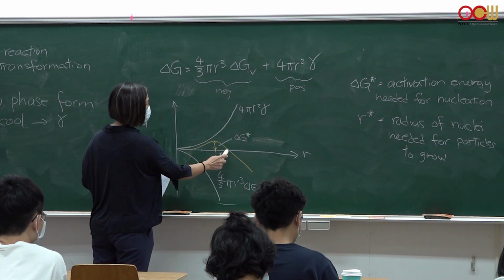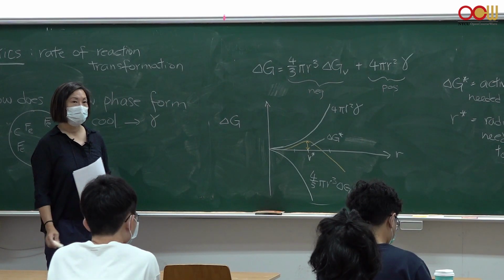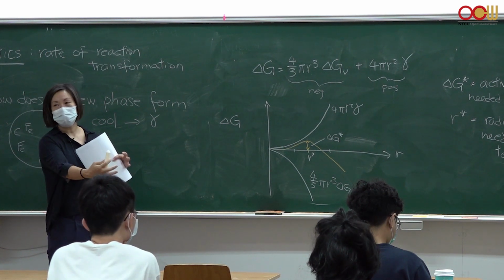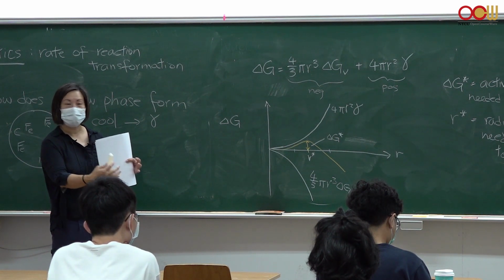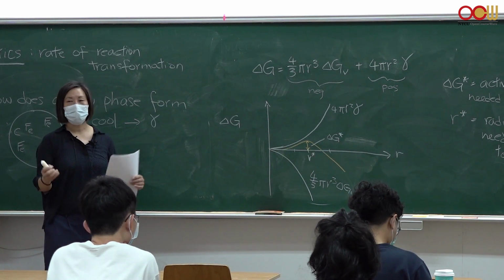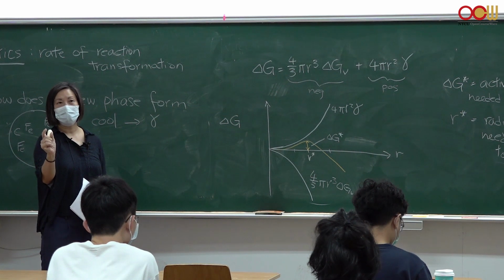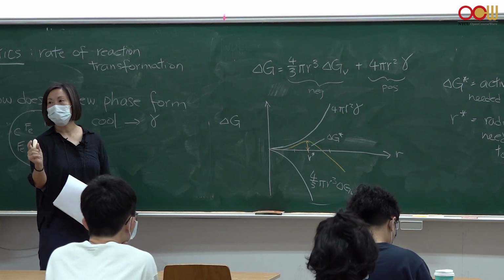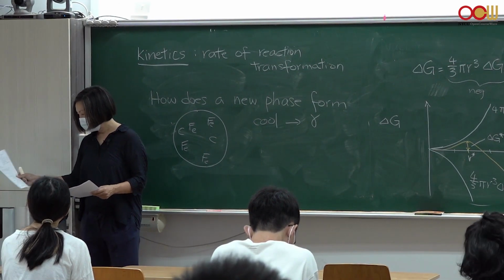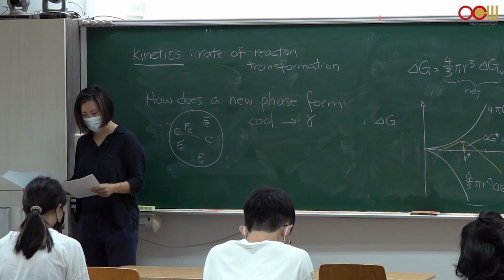If you have nuclei greater than R star, then it is thermodynamically beneficial, or the system goes to a lower energy state, if the nuclei keep growing. So R star is where the nuclei need to get to at least some size before it is favorable to continue to grow.